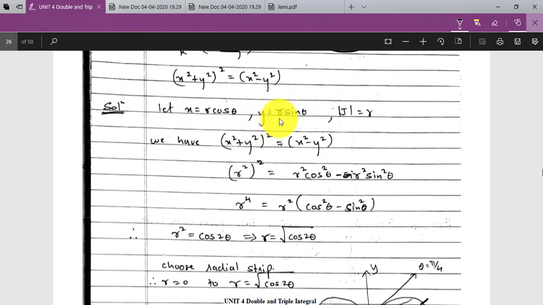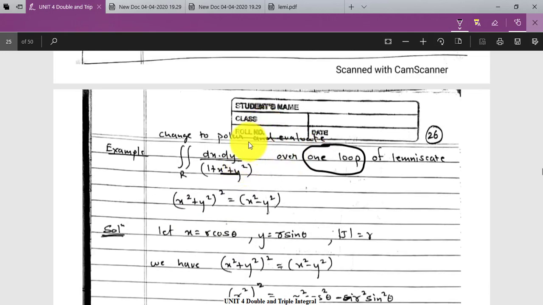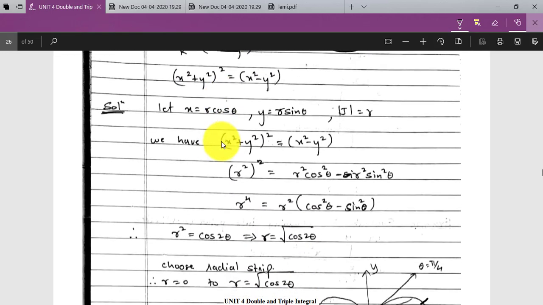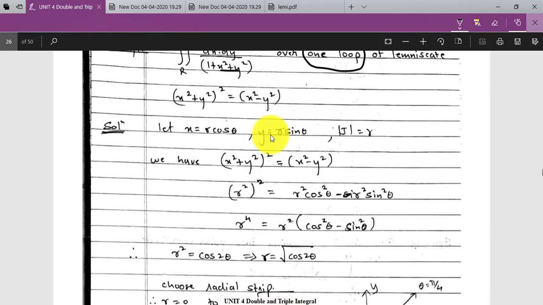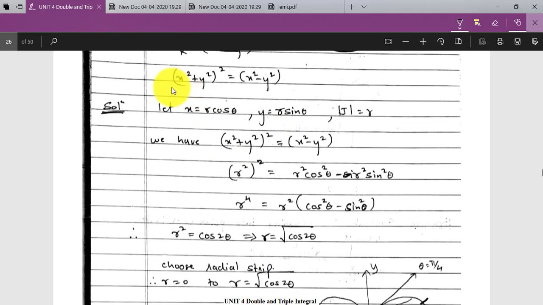Now, because you need to change it to polar coordinates, let x equal r cos theta, y equal r sin theta, and J equal to r. Now you do not know what theta and r are. This time only this particular equation is given, so you can easily find the value of r.